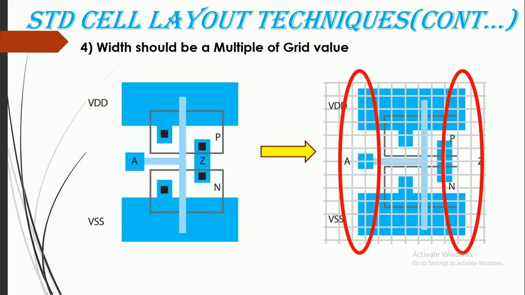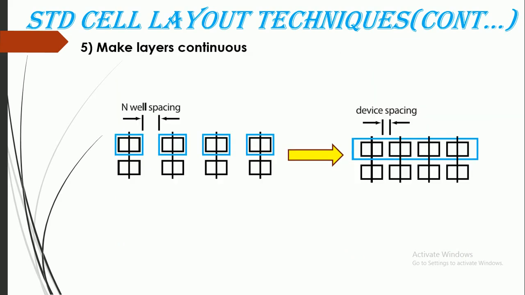Then, getting into layer continuity, we have one scenario in well spacing. If I have placed many inverters next to each other with n spacing between them as a separation, then so much area will be lost, right?